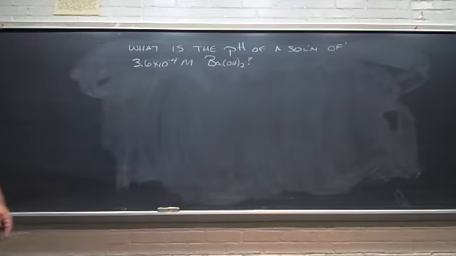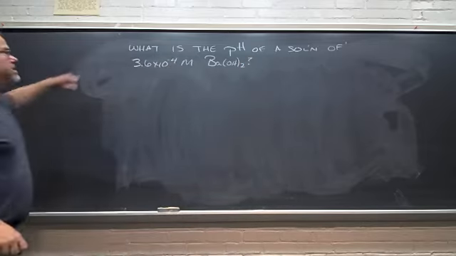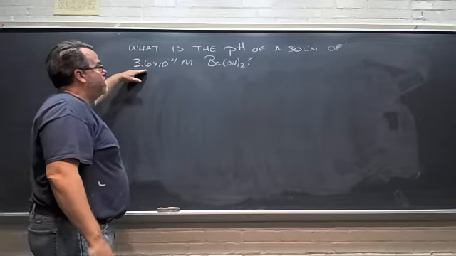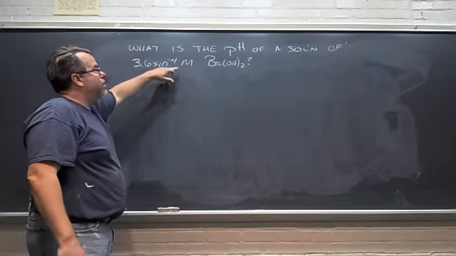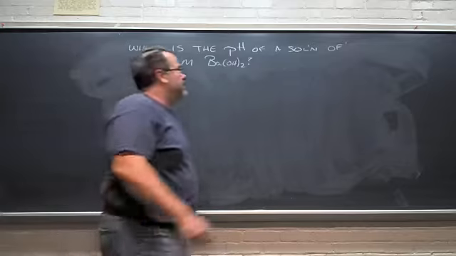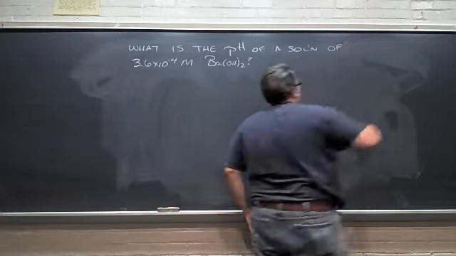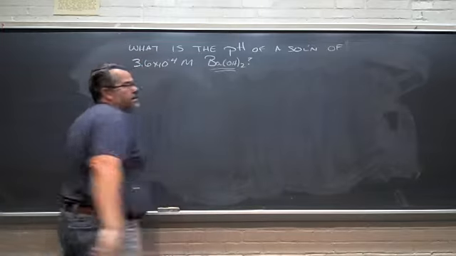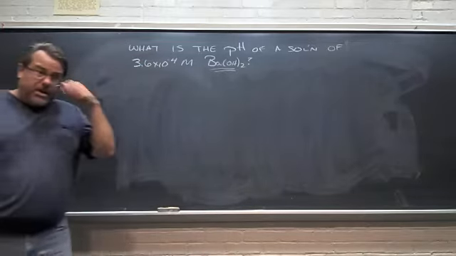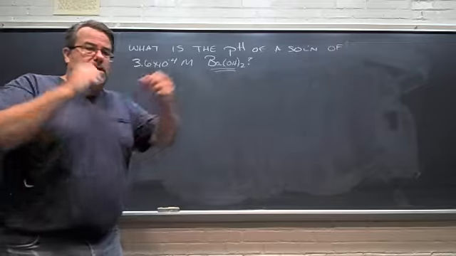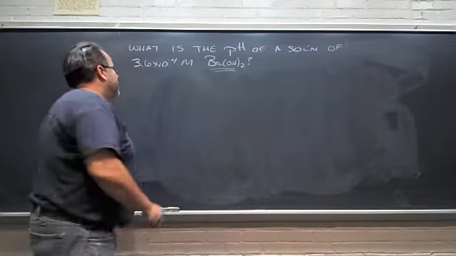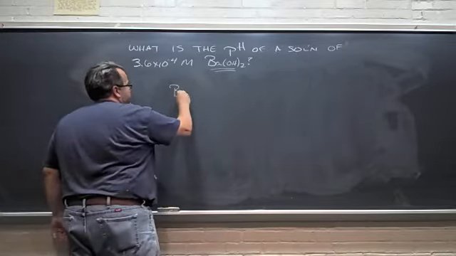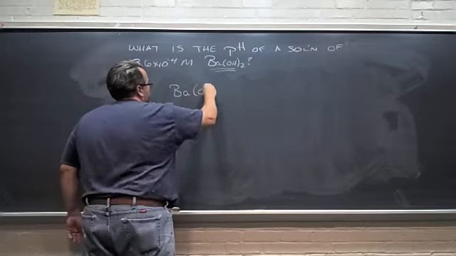All right, so what is the pH of a solution of 3.6 times 10 to the minus 4 molar barium hydroxide? Okay, and so just like last time, you should recognize barium hydroxide is a soluble hydroxide compound. That means it's going to break apart completely into ions, and that means that it is a strong base.